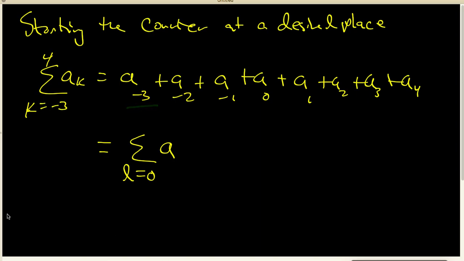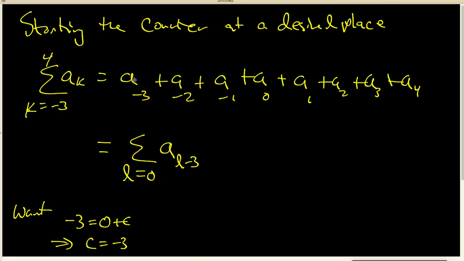So I want -3 to equal L when L is 0 plus something. Well, that simply says that the constant here is going to be -3. So I'm going to look at L minus 3.